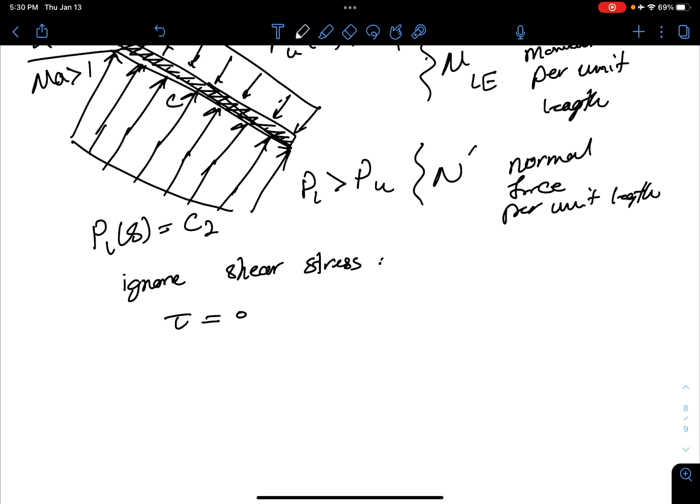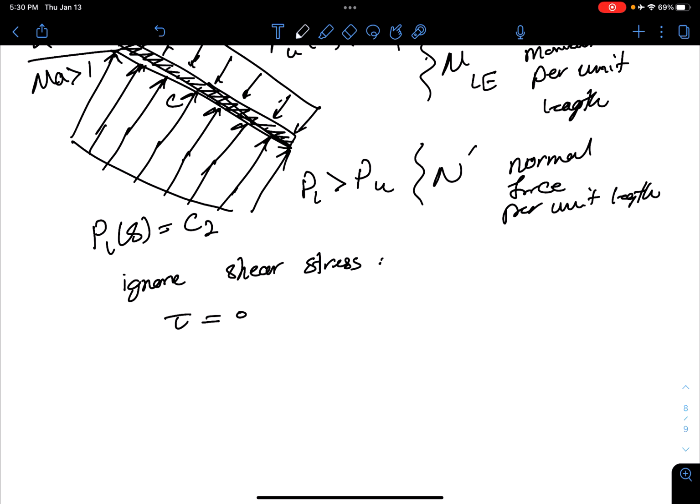Before you start, let me ask you this one question. What can you say about the axial force per unit length? And this is for this specific problem. Zero. Why is this zero? Forces are all normal to the chord line.